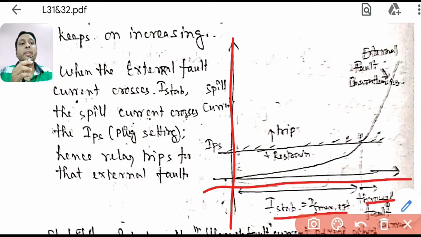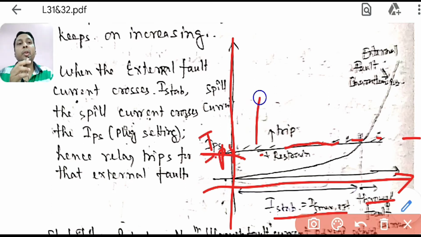So you have both these axes now. You have a minimum value you have set, that is the I plug setting you have given, above which it will always be a trip, and below which it will be a restrain.